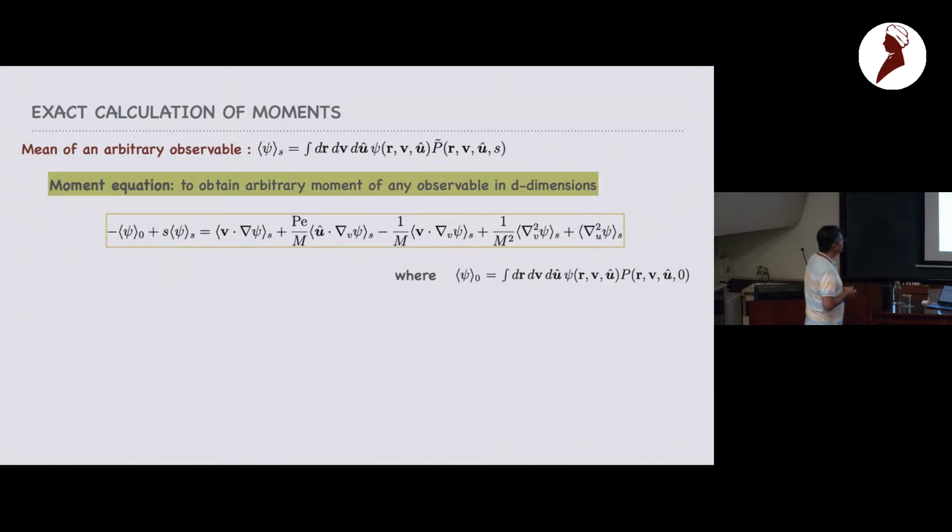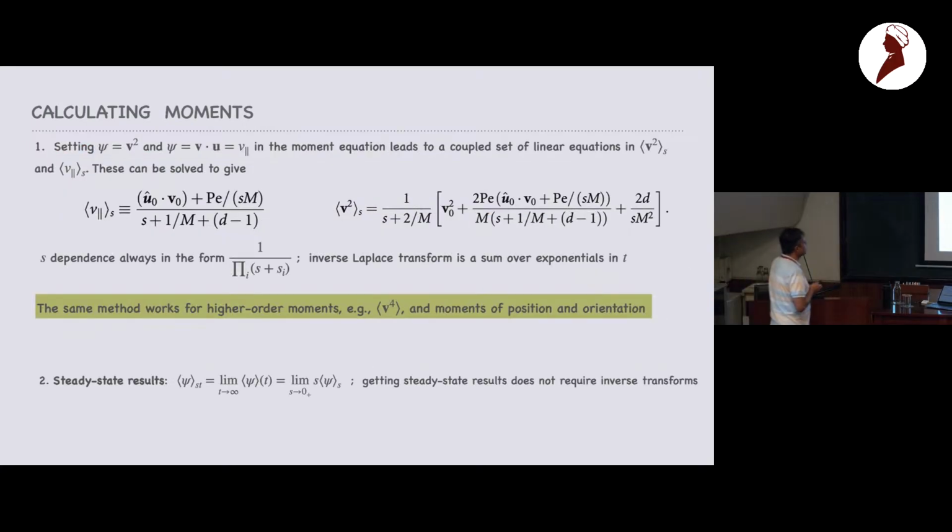You take any observable, write down the average of that, and plug this form into the previous equation. Then you get a kind of master equation for this observable in Laplace space, and one can solve this term by term. Let's have a look at how one goes about it.